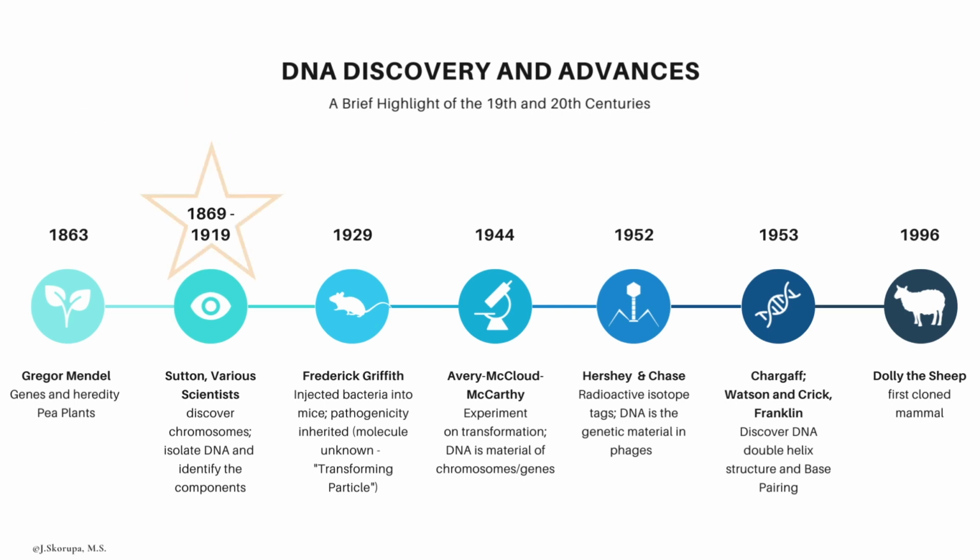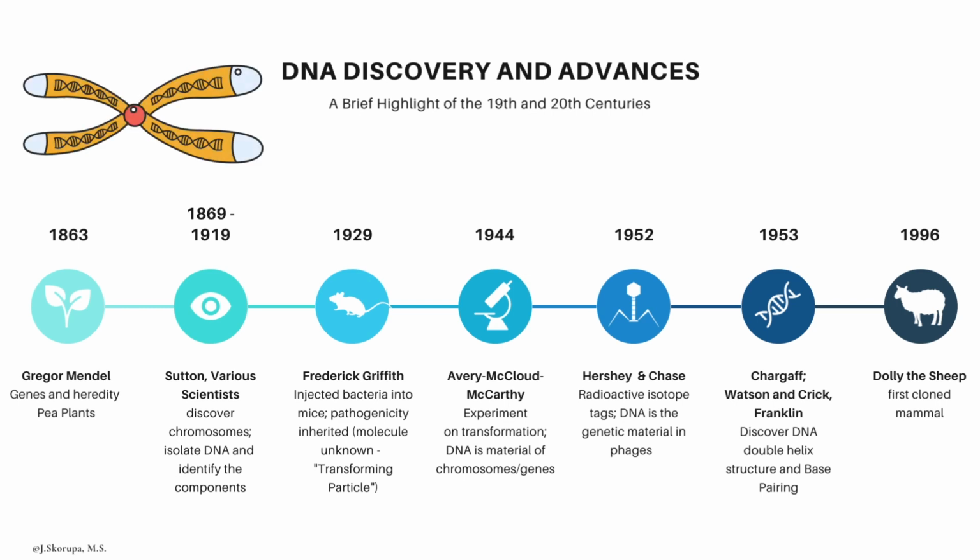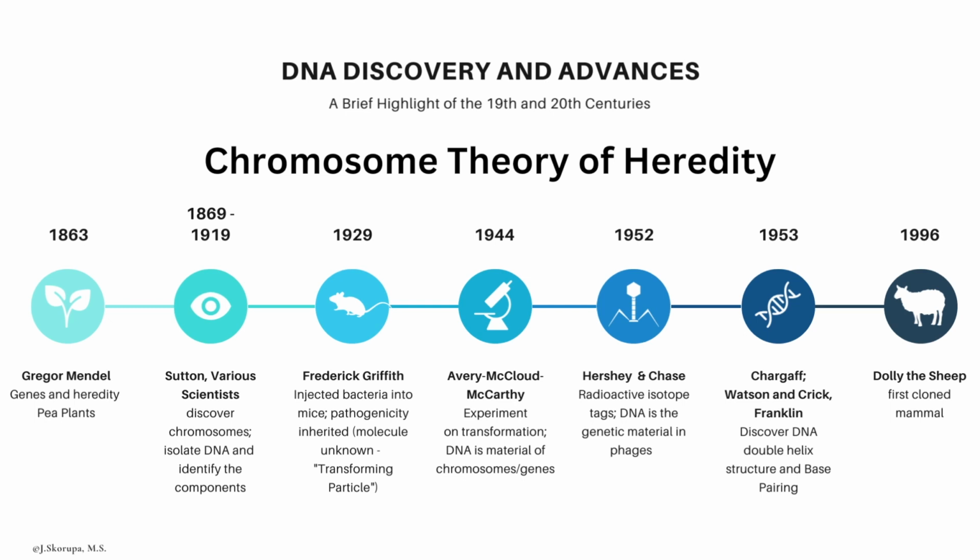Walter Sutton, an American biologist, and Theodore Boveri, a German scientist, independently unlocked the mystery of chromosomes around 1902. They recognized these structures as the carriers of genetic information, referred to as the chromosome theory of heredity. Sutton's work with grasshoppers revealed the connection between chromosomes and Mendel's inheritance laws, laying the foundation for modern genetics.